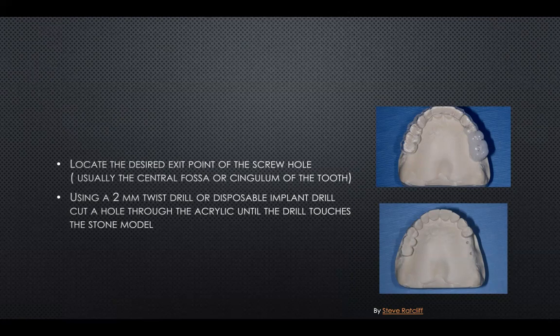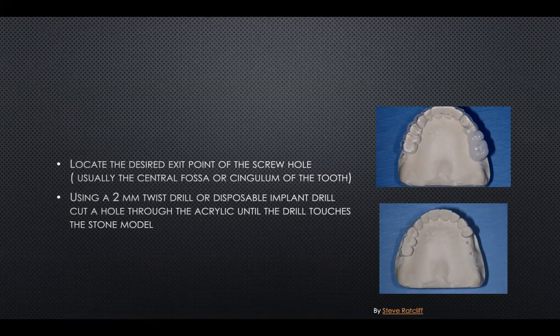The first is retrievability; you can retrieve it easily. And also there is no excess cement that needs to be cleaned, which, if it wasn't cleaned enough, might compromise the implant health in the long run.